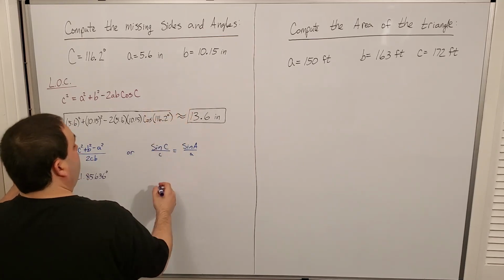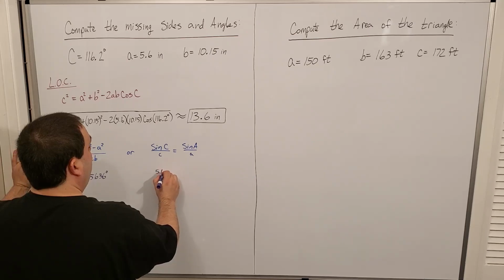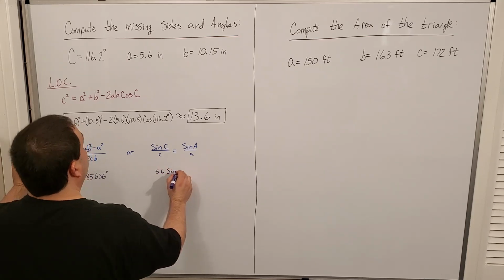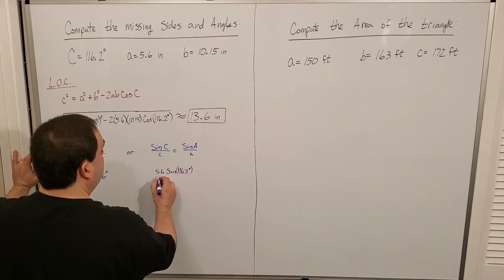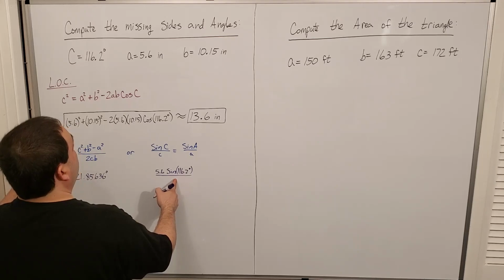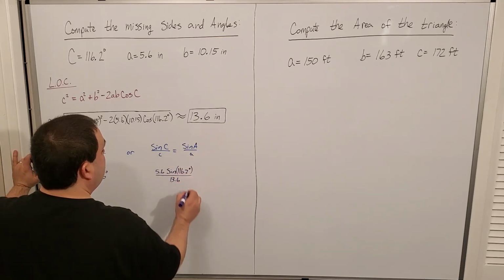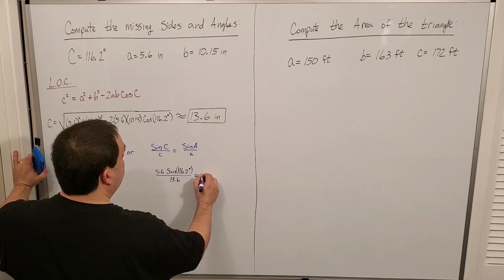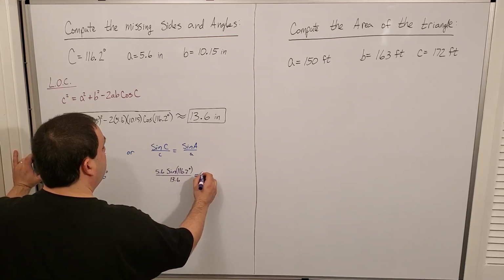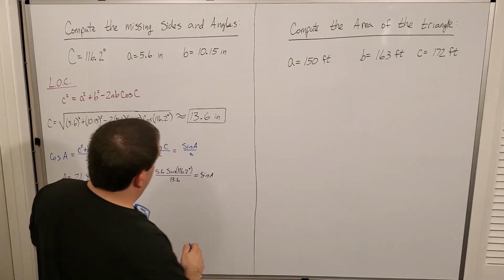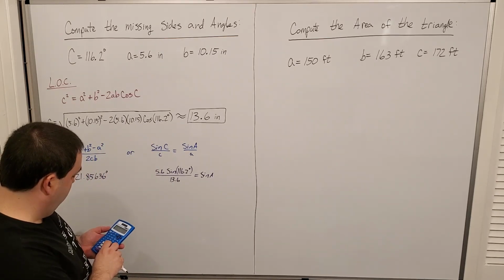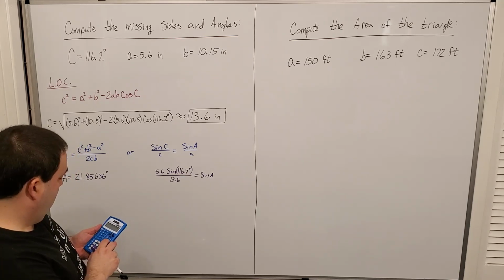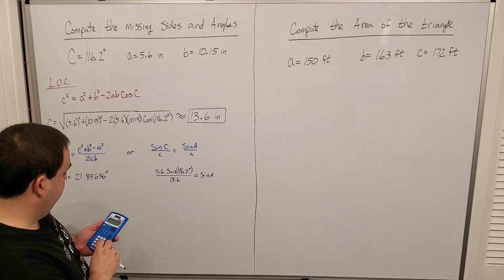So I'll have little a, which is 5.6, times the sine of C, which is 116.2 degrees, over little c, which is the 13.6, is equal to sine of A. So 5.6 times sine 116.2 divided by 13.6.